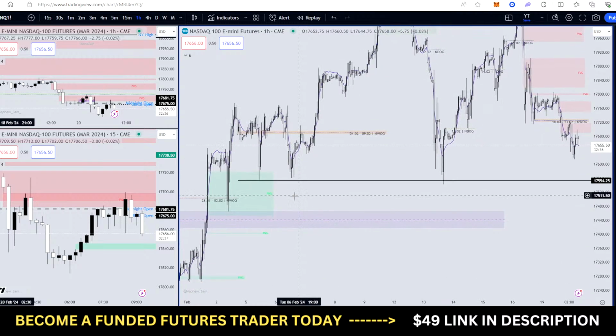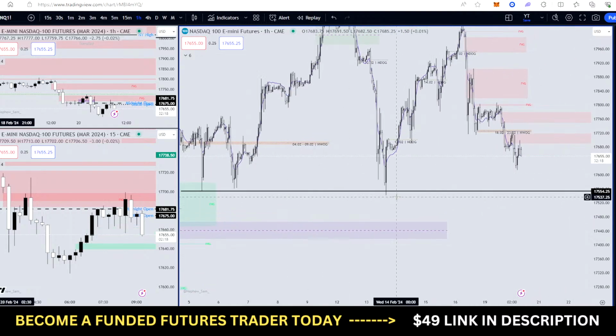Right. See, this fairly large fair value gap was created on Monday, February the 5th. Those equal lows we keep talking about in all the time frames are within that area. So if we trade down to sweep below the lows, know that on the 1 hour, there's a huge fair value gap that it's sitting inside of. And so, as I mentioned, you sweep below and then you look for bullish activity.